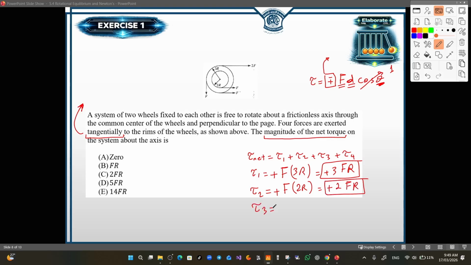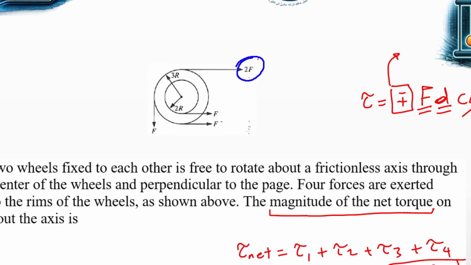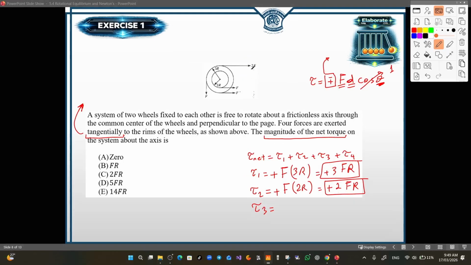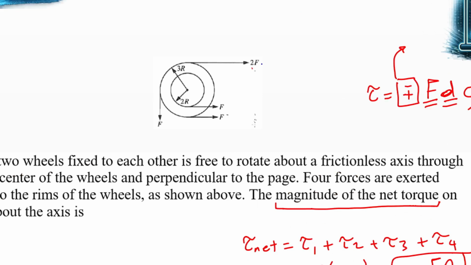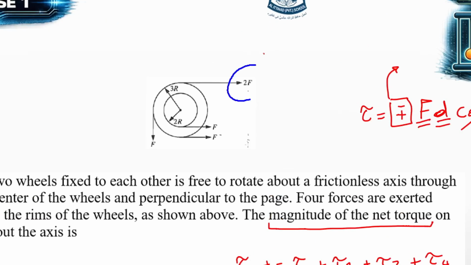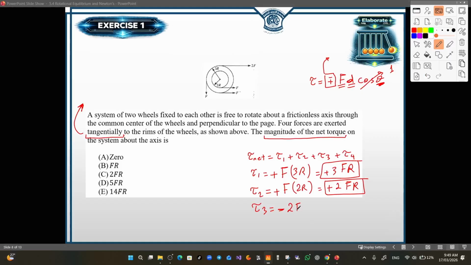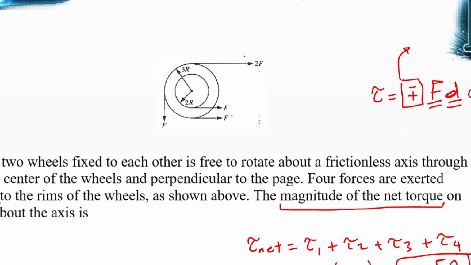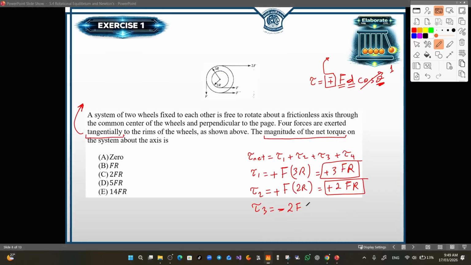Now let's consider tau 3. This force is rotating the object in the clockwise direction, which means the sign is negative. The magnitude of this force is 2F, and the distance to the pivot is the outer radius, which is 3r. So we can write minus 6Fr.